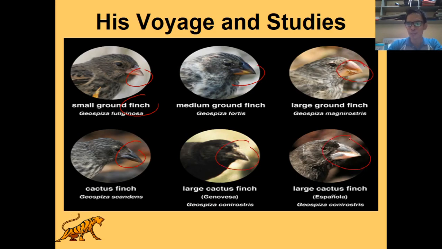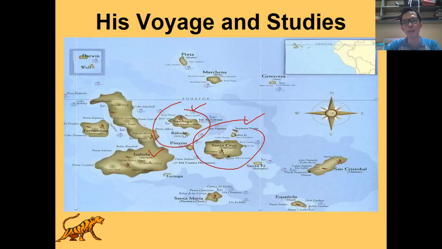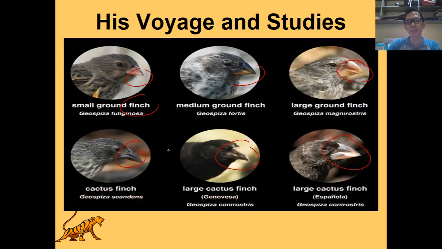He found out by taking some samples of these birds and bringing them back home, and in his studies he found that these birds differ in terms of what type of food they eat. So in every island, these birds are different due to the food that they eat. Meaning to say, they are varied. These finches are varied based on what the environment can give them.